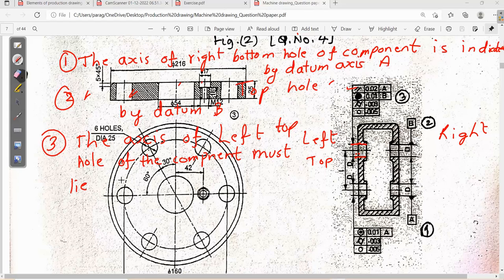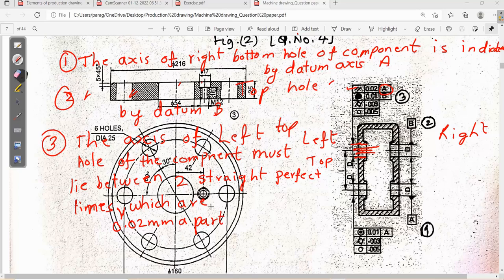This particular axis must lie between two straight, perfect lines, 0.02 mm apart, which are parallel to what?